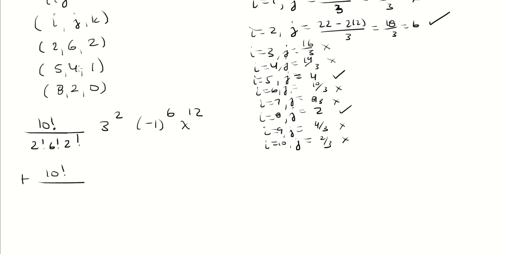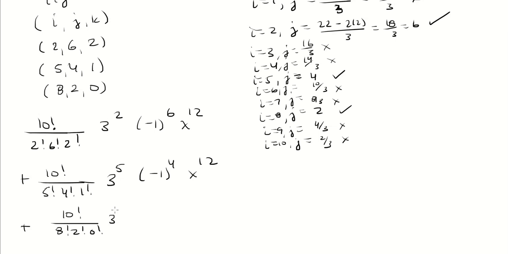Now we're going to plug in 5, 4, and 1 for i, j, and k. So it's 5 factorial, 4 factorial, 1 factorial. That's 3 to the 5th, negative 1 to the 4th, x to the 12th. And then finally, you have 10 factorial over, we're going to use 8, 2, and 0. 8 factorial, 2 factorial, 0 factorial.